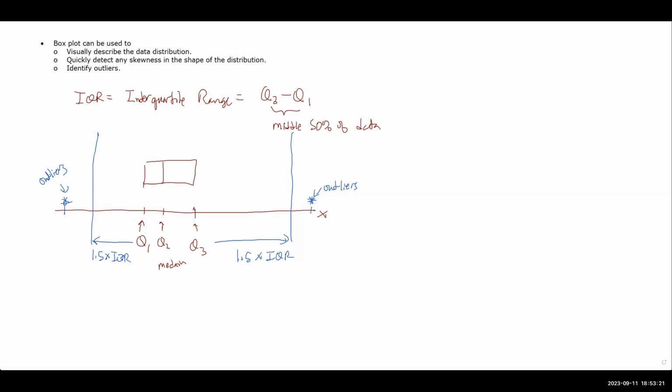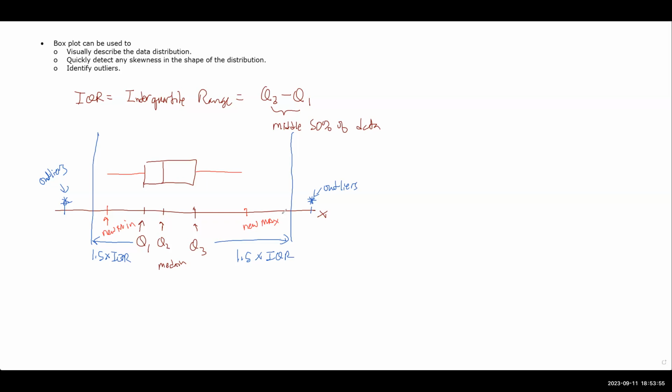Once you remove the outliers, you have a new min and a new max that are not outliers, and we build a line up to this new min and new max. This is the classic box plot, or box and whisker plot.